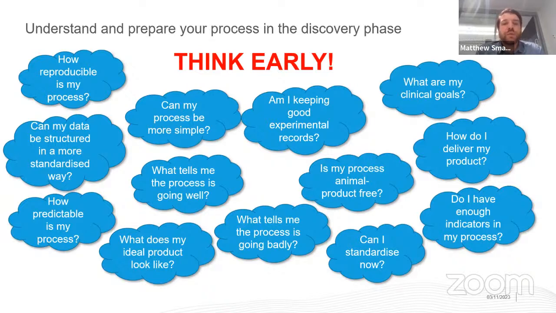I liken it to trying to grow the same plant twice. If you're doing perhaps a pluripotent stem cell differentiation, for example, you need that plant to do the same things, grow the same fruit every single time.